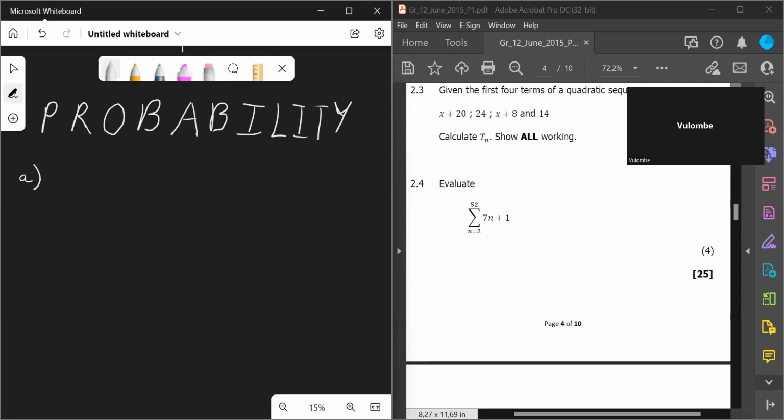Determine the number of different ways that the letters can be arranged. So with these words, they're asking for the number of times the word can be rearranged. How many letters here? 1, 2, 3, 4, 5, 6, 7, 8, 9, 10, 11.